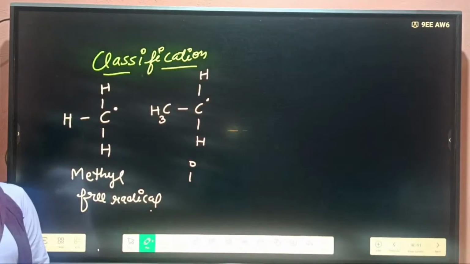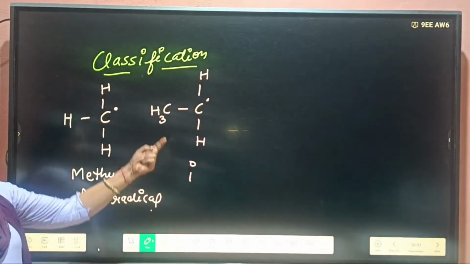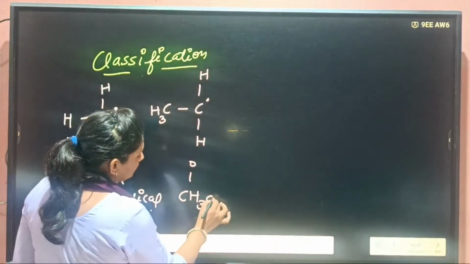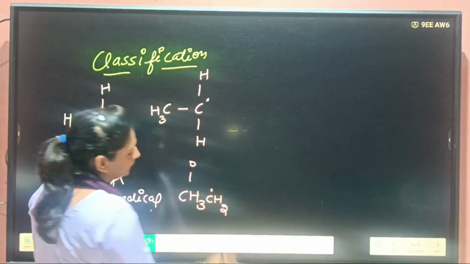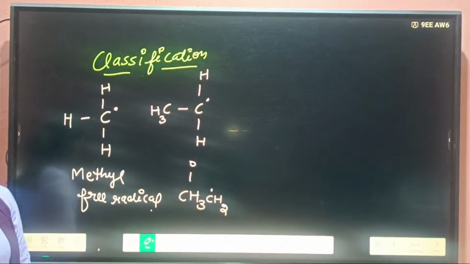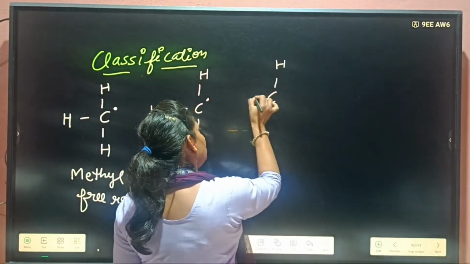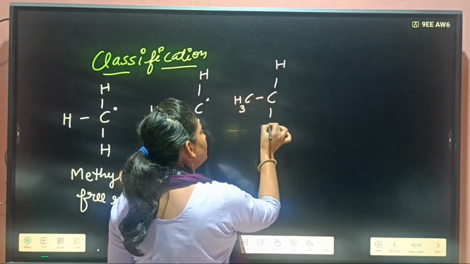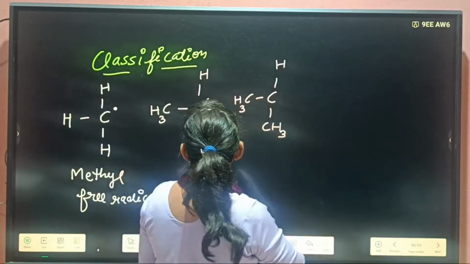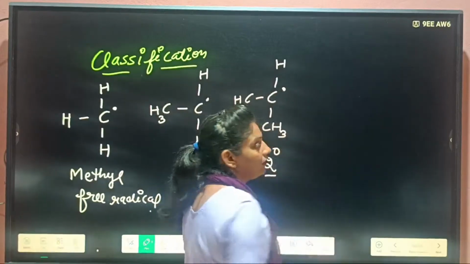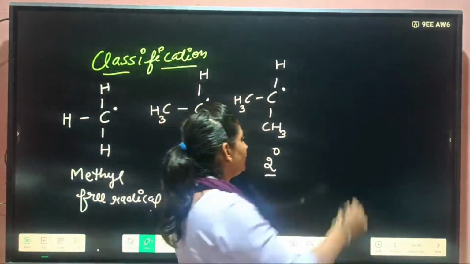And if it is forming one bond with another carbon, then it is known as the primary, ethyl free radical. This is the CH3CH2 free radical. Clear? If the carbon is forming the other two bonds with carbon, then it is secondary, or isopropyl.